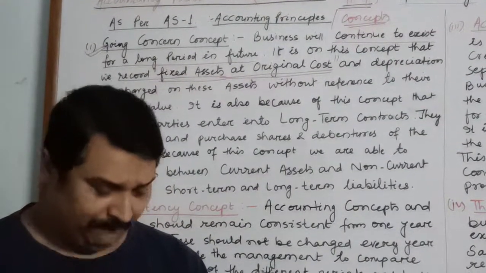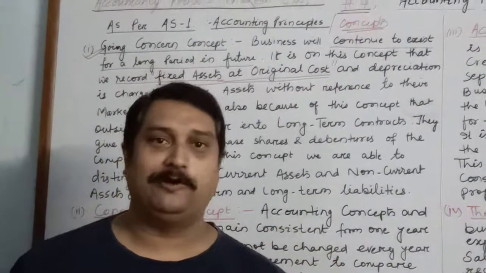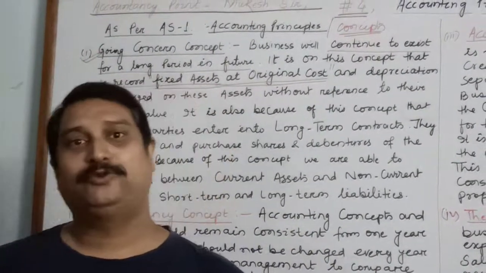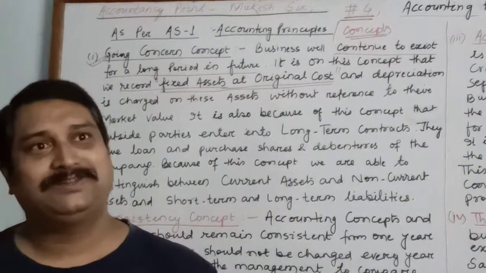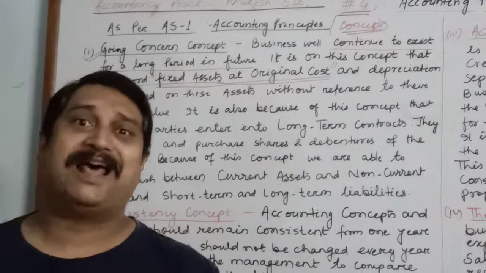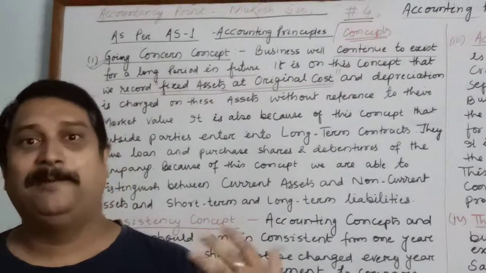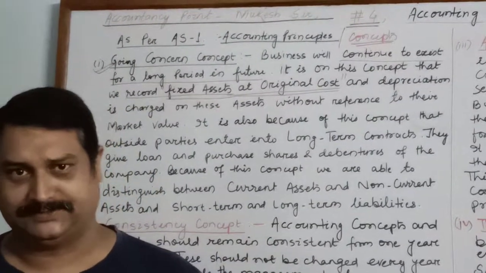See children, fixed assets, why do we buy? We buy to use them for a very long period of time. We don't buy them for resale purpose. So since we don't want to convert them into cash, we don't consider the market value. What will be the realizable value is a matter of no concern for us.